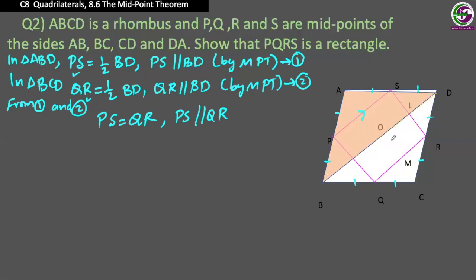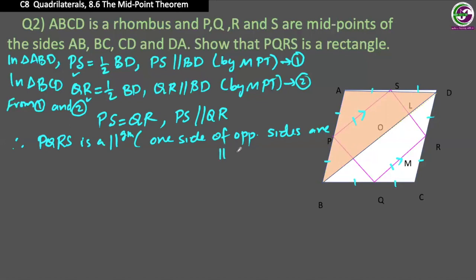So finally, PS is parallel to QR and they are equal. Therefore, PQRS is a parallelogram because one pair of opposite sides are parallel and equal. So we found it is a parallelogram.